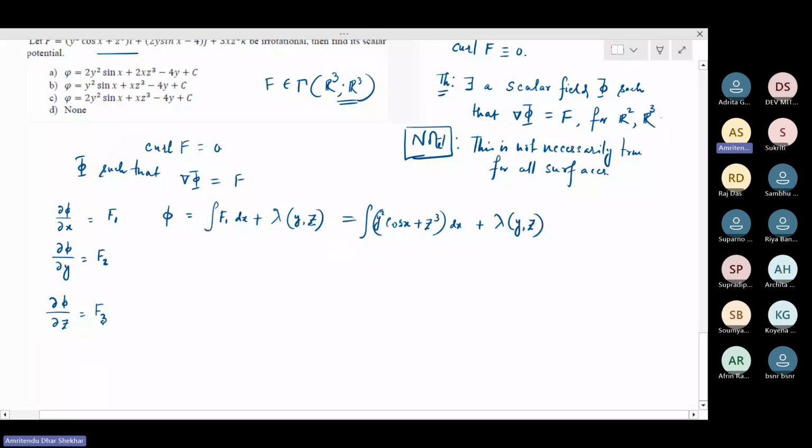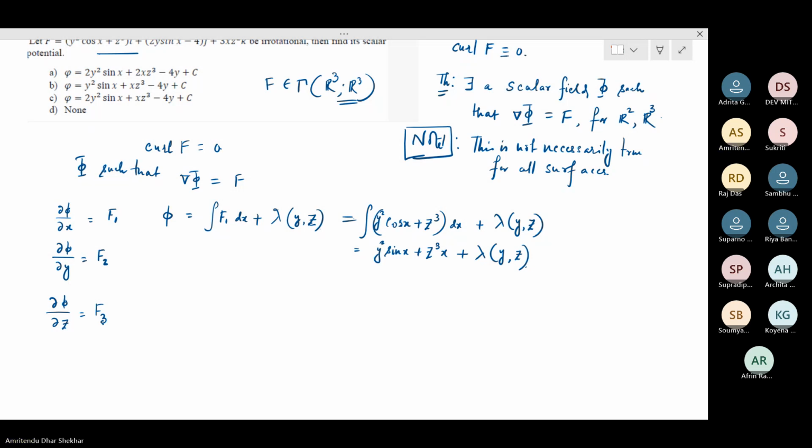If you just solve it, you get y squared sine of x plus z cube x plus lambda of y comma z. Of course, you have to determine what this function lambda is.